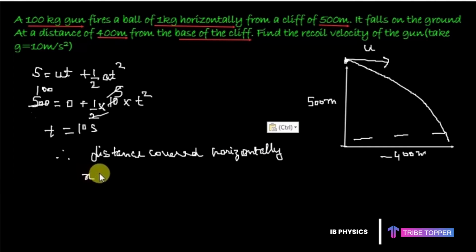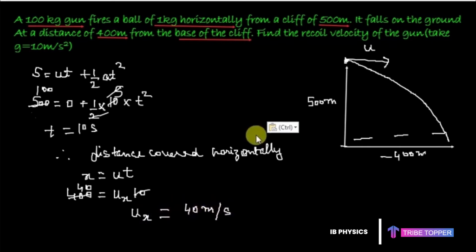So x is u into t. Now x is 400, and that is equal to ux times 10 seconds. So I get ux, the initial horizontal component of the velocity of the ball, as 40 meters per second.